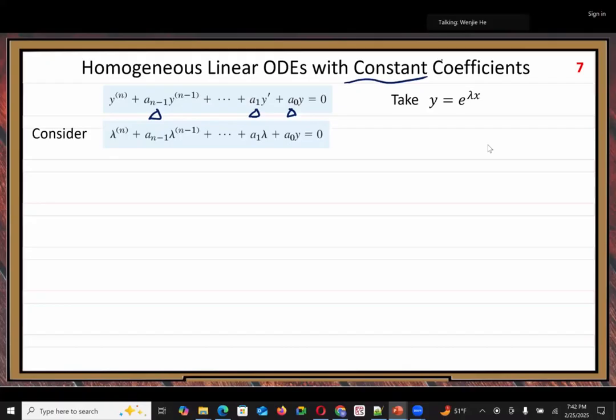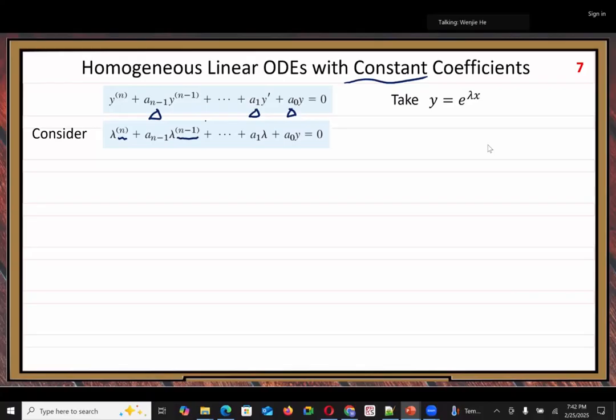Here, look at y with a parenthesis. Parentheses are usually used to represent derivatives, right? Here I copied this from the textbook, I took a screenshot. Because lambda is a number, it could be a complex number.